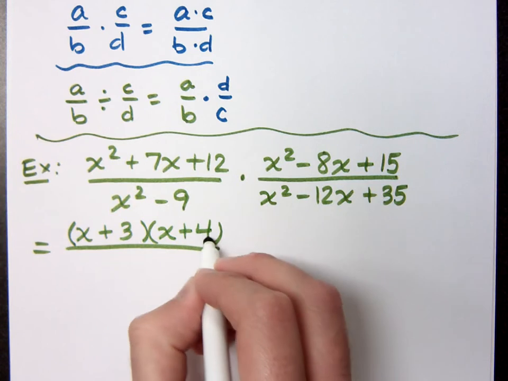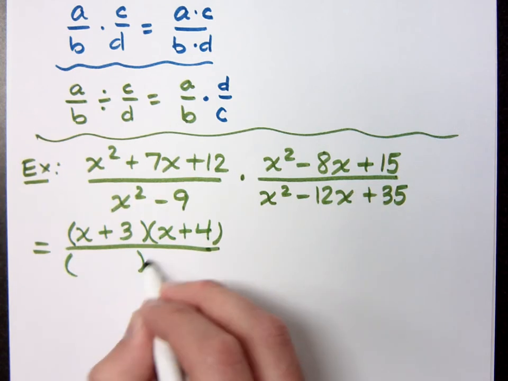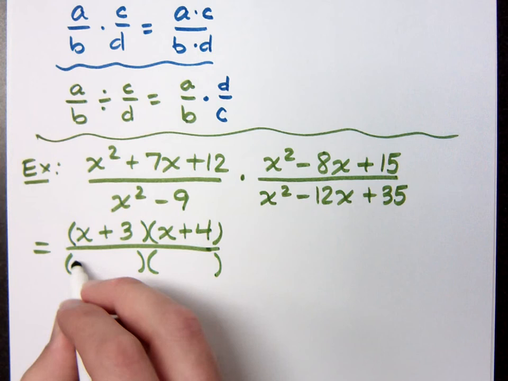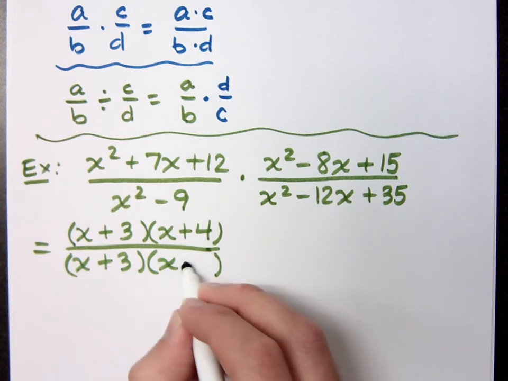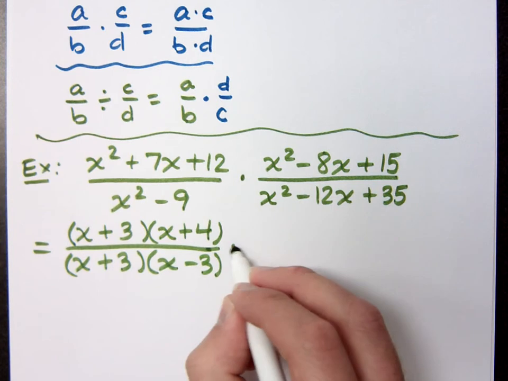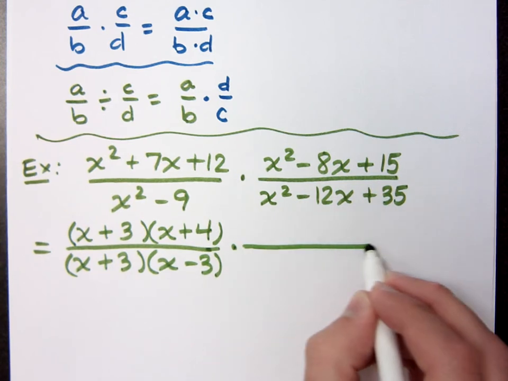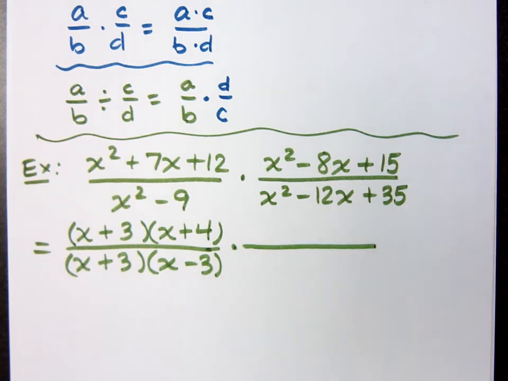What about x squared minus 9? It's going to be x plus 3, x minus 3, that's the difference of squares, times x squared minus 8x plus 15. What happens here?